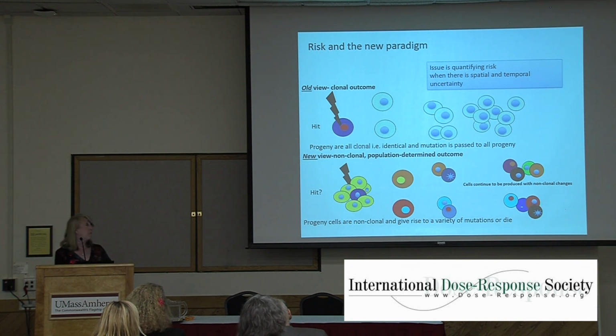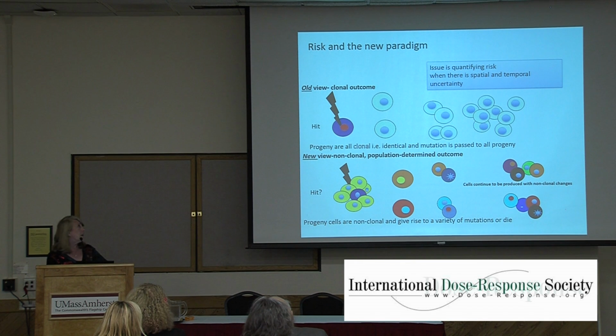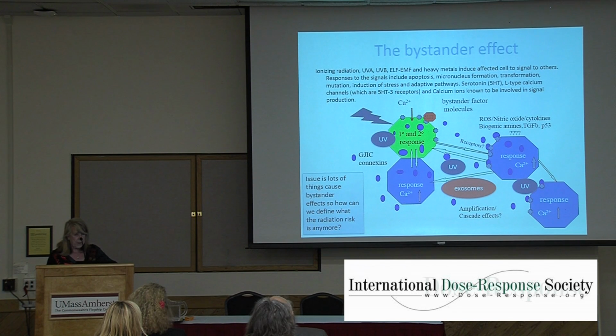The thing is that you don't know. And therefore the issue for risk is that there's spatial and temporal uncertainty about where the effects are going to happen and what effects they are going to be. And this again feeds into this uncertainty problem.